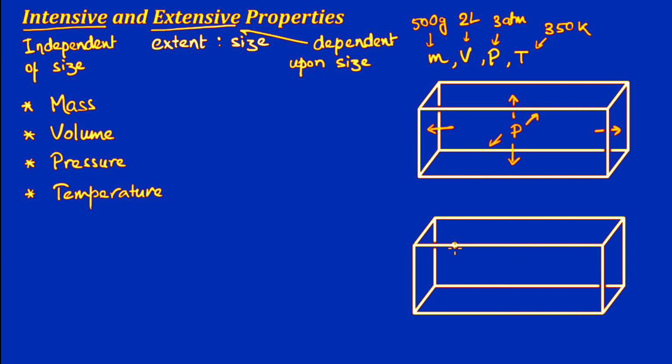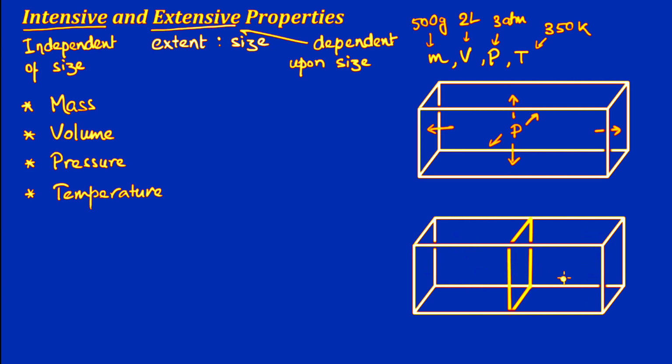Let's assume that we have this sample, which is an exact copy of the above sample, but we are going to divide this sample into 2 equal parts by creating a boundary between. In this way, the sample is divided into 2 equal parts.